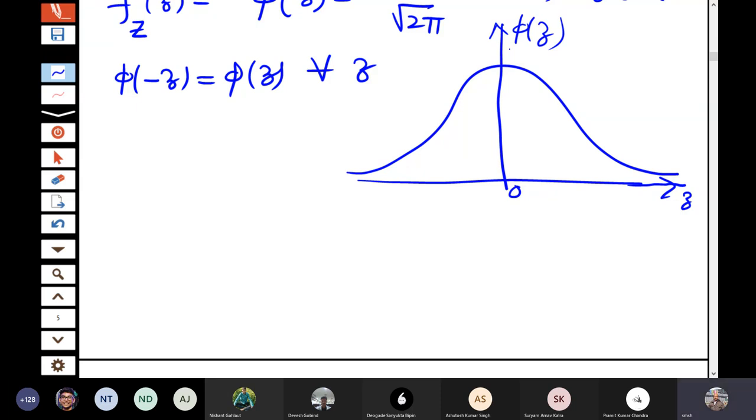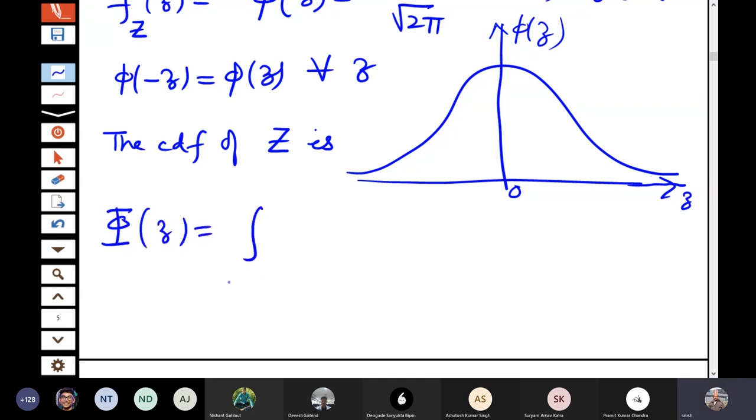The cumulative distribution function of standard normal distribution is denoted by capital phi. Okay, the CDF of Z is capital phi of Z, that is of course the integral from minus infinity to Z of phi t dt.